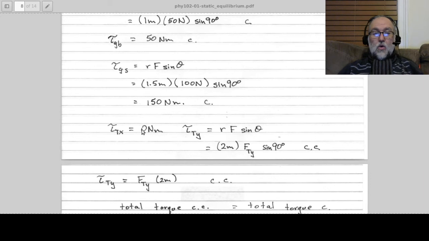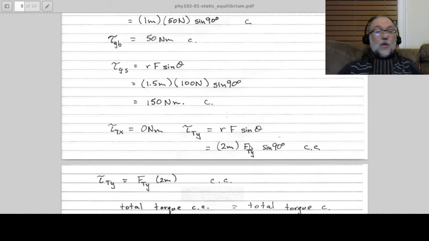So for the torque due to the tension in the wire, the x component was 0, just told you why, because the angle there was 0 degrees, and for the y component, it's 90 degrees. R is 2 meters because you're going all the way from the wall, which is where the axis is, to where the wire is attached on the other side of the bar. So that R is 2 meters.